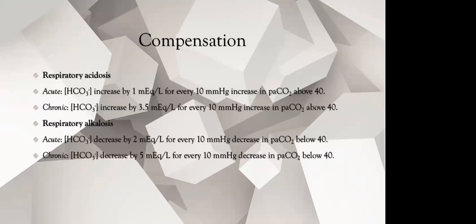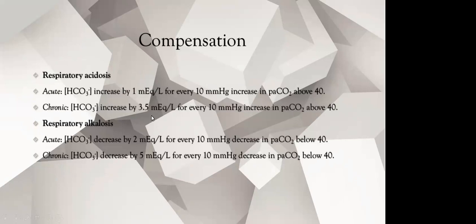As we talked about earlier, to maintain the balance of acids and bases, compensation always occurs. So how do we assess the compensation? In respiratory acidosis, in acute settings, bicarbonate increases by 1 milliequivalent for every 10 mm Hg increase in partial pressure of carbon dioxide above 40.